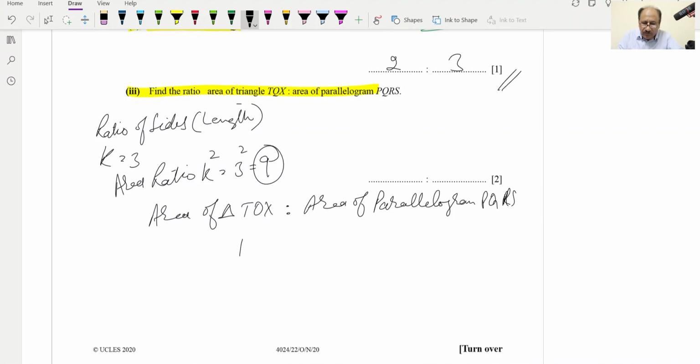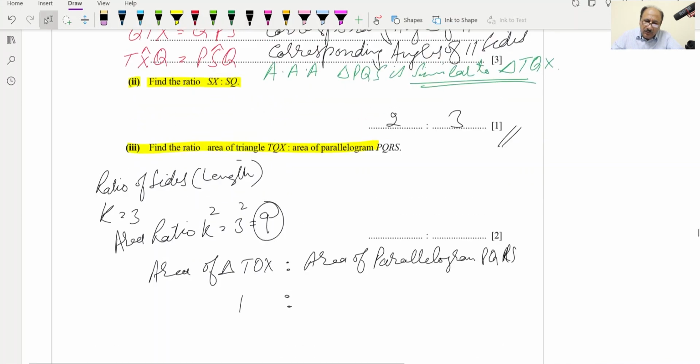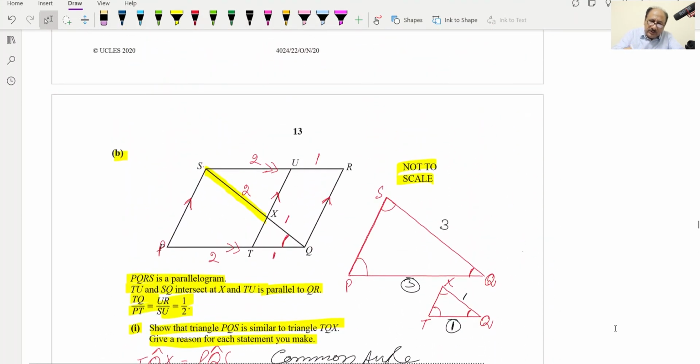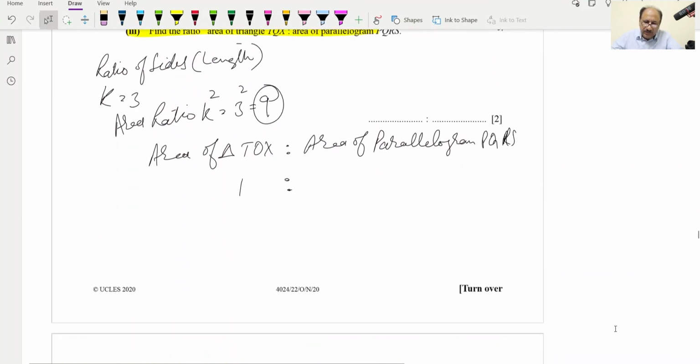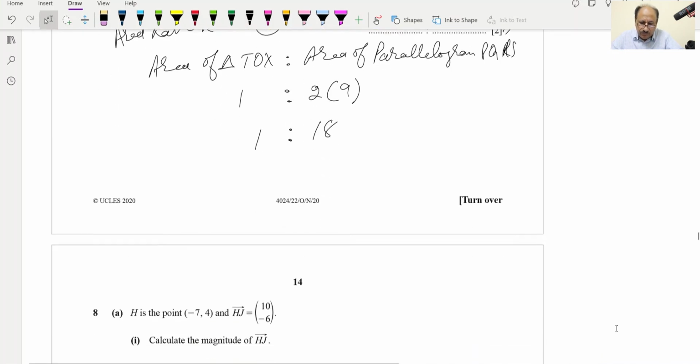This will be 1 ratio. Parallelogram area is 2 times the area of same triangles. One triangle is this one, and the other one is the white one. So both triangles having same area, so we will say 2 times the area. So we will write here 2 times the area ratio, which is 9, so it will be 1 ratio 18. So we can provide here 1 ratio 18. This is 2 marks part which we have done.